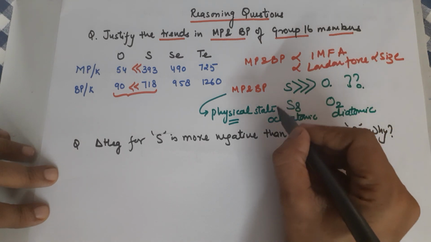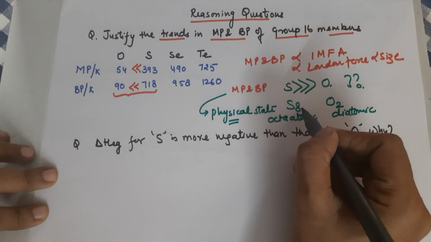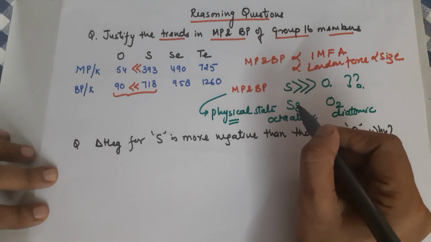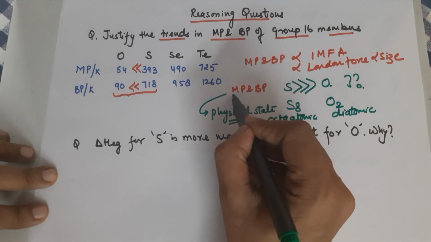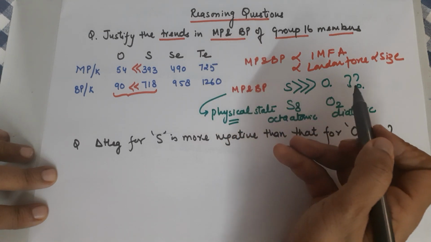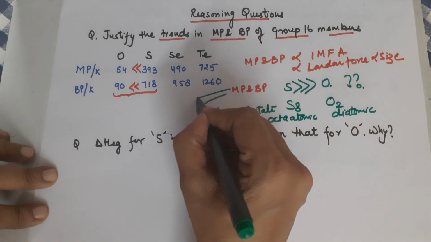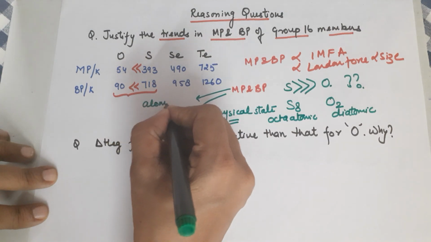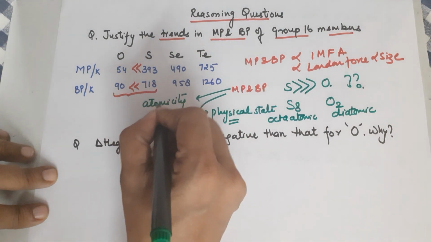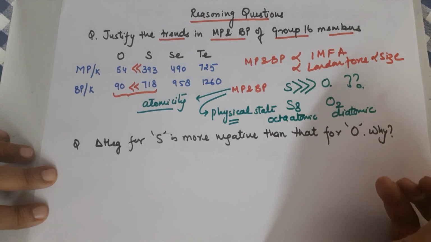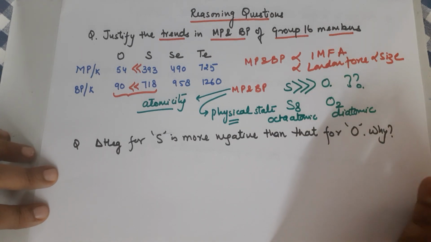This is a large molecule with huge intermolecular force of attraction, which causes the melting point and the boiling point to be high. This also depends on the atomicity, that is, the number of atoms joined together to form the molecule. Fine. Moving on to the next question.